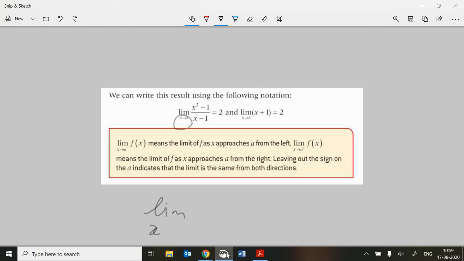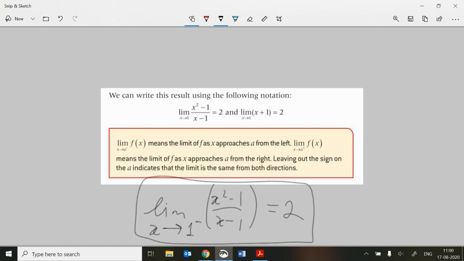In this case, we're talking about x tending to 1, but we're saying as x tends to this 1 from the negative side, so from the left-hand side, for this f of x. And so if we say x squared minus 1 over x minus 1, then that's going to give us the answer of 2.